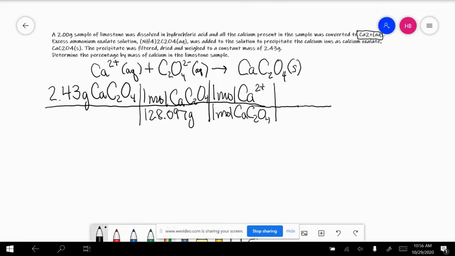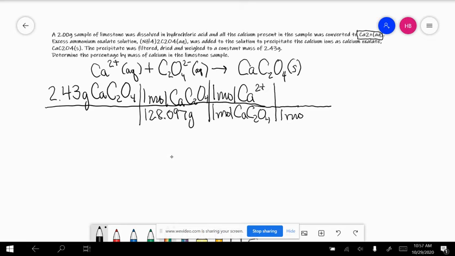Elemental calcium has the same mass as a calcium 2+ ion. Remember, electrons are so small that they do not affect the mass. So losing 2 electrons to go from calcium solid to calcium 2+ is not going to change the molar mass.